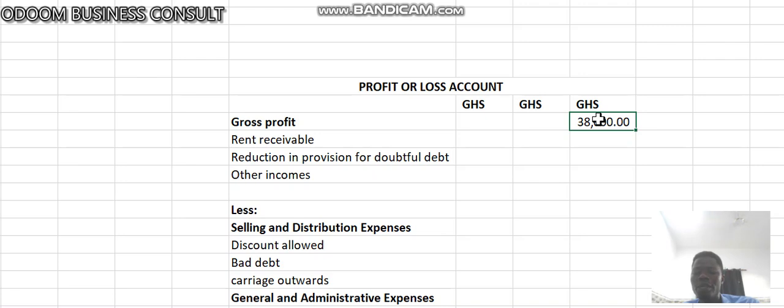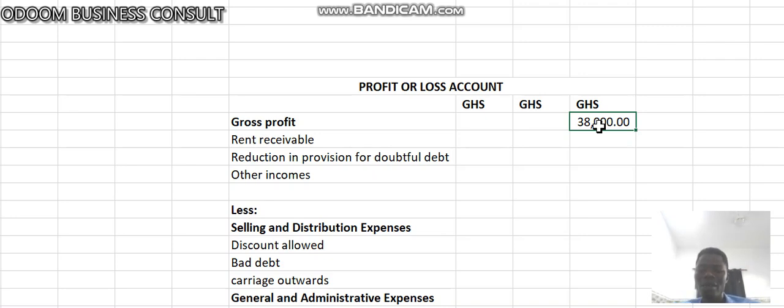So the sales revenue was used to determine the gross profit. The other incomes and gains that the entity has realized are not part of this gross profit. So once you determine your gross profit, then any other gains and incomes that you receive within the year, you add them to your gross profit.